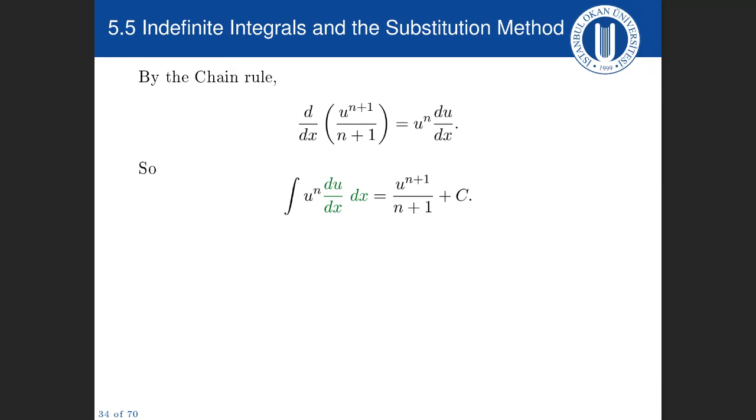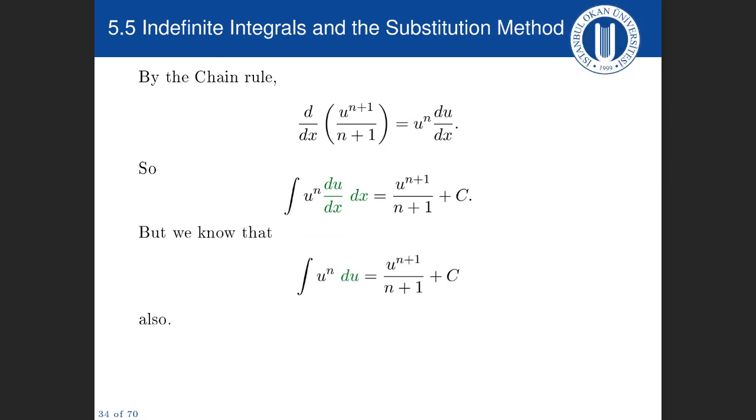So if we go backwards, for the integral of u to the power n du dx dx, we need an antiderivative of our integrand, but we see that above. An antiderivative is u to the power n plus 1 over n plus 1. But wait a minute.